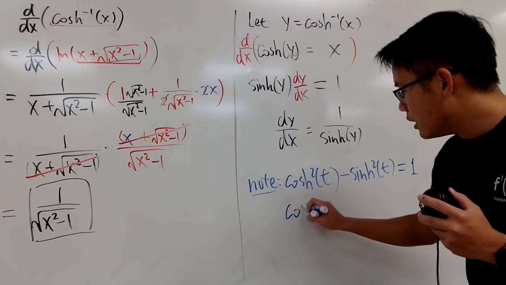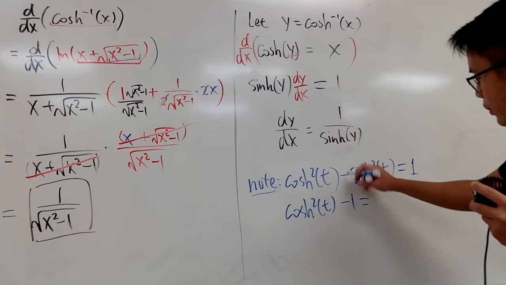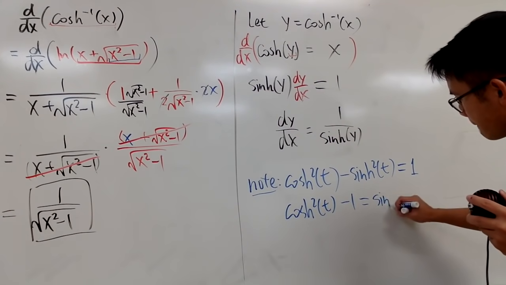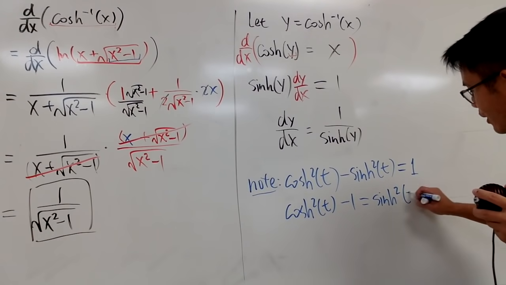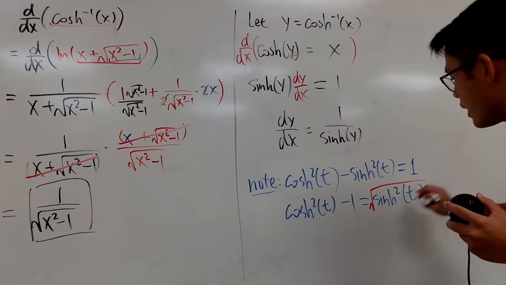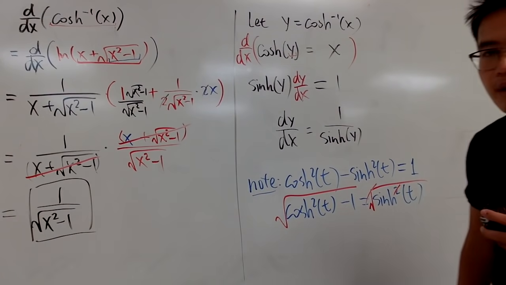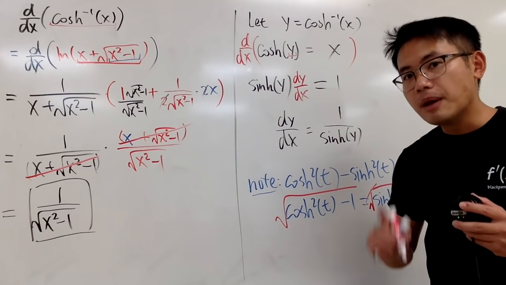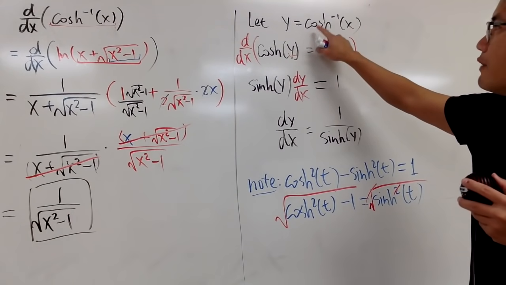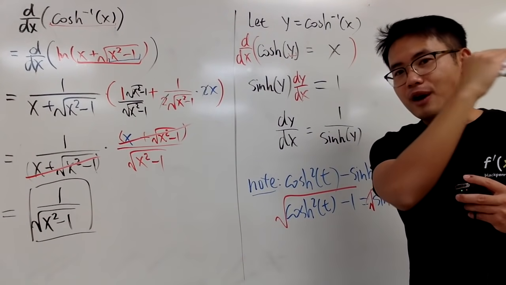So we see cosh squared of t minus 1 is equal to positive sinh squared of t. I will just have to take the positive square root on both sides so that this and that will cancel. I just care about the positive because if you look at the graph of the inverse hyperbolic cosine, you will see that it's an increasing function.